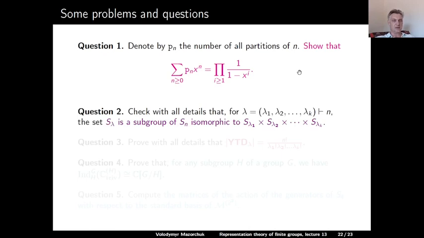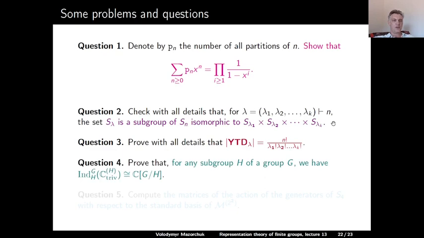Check with all details that for any partition lambda of n, the set S lambda which we defined is a subgroup of Sn isomorphic to the direct product of S lambda 1, S lambda 2, and so on. Question 3. Prove with all details that the number of Young tabloids of shape lambda is equal to n factorial divided by lambda factorial.